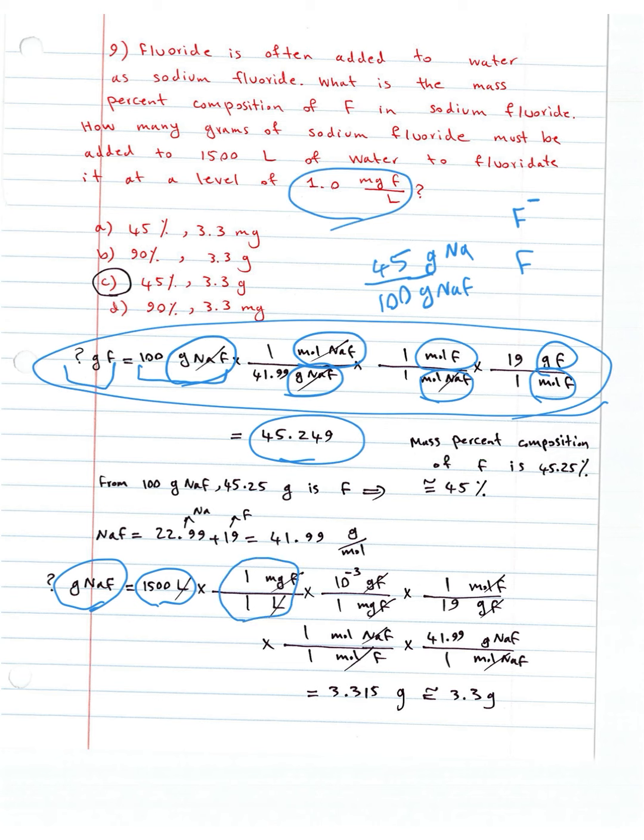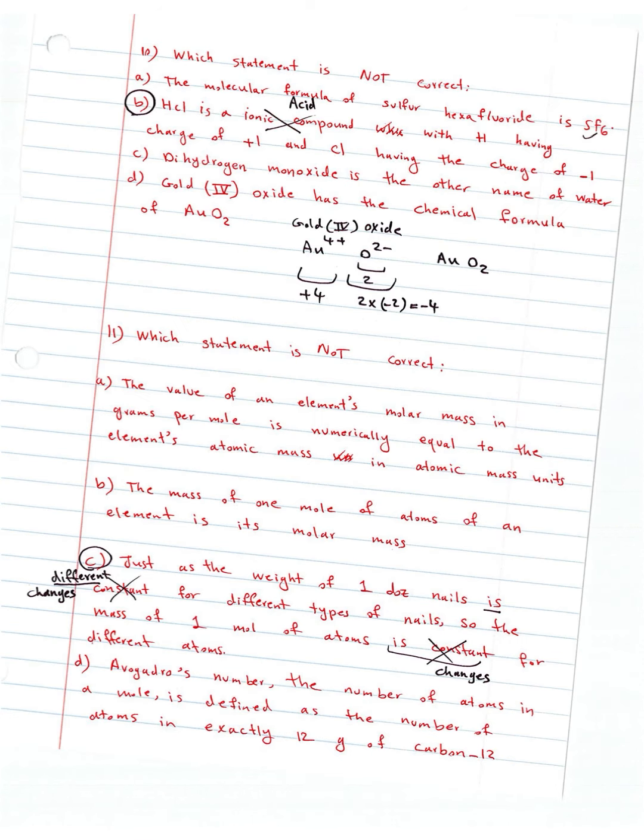So you just write this, you don't do anything, and these two cancel out. So you get rid of liter, don't worry about it. You convert milligram to gram, gram to mole. From now on, it's just what you were doing. Mole to mole, mole to gram. And then when you find this, it would be like 3.3 gram.